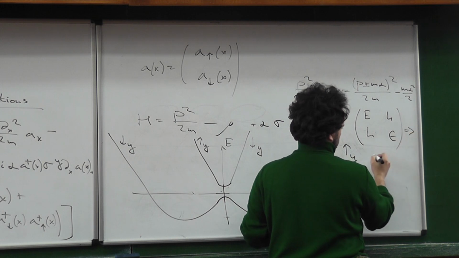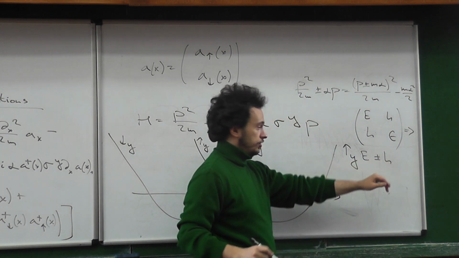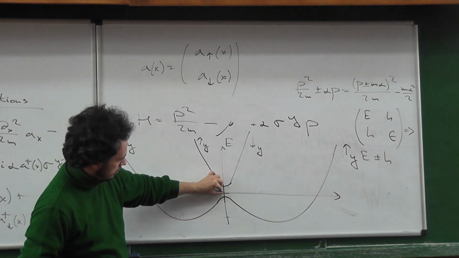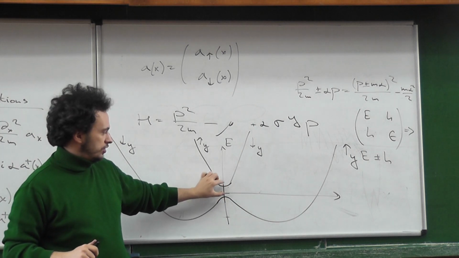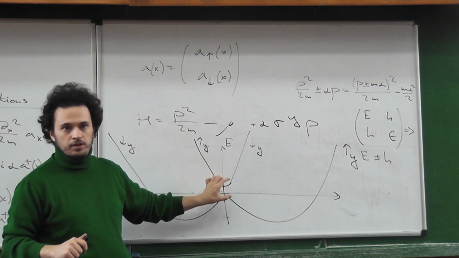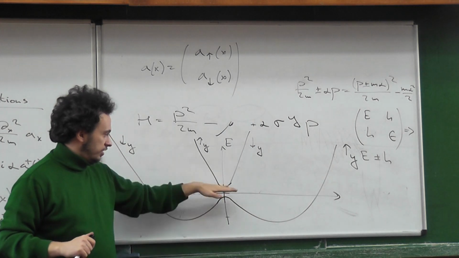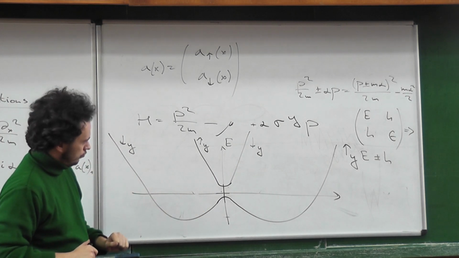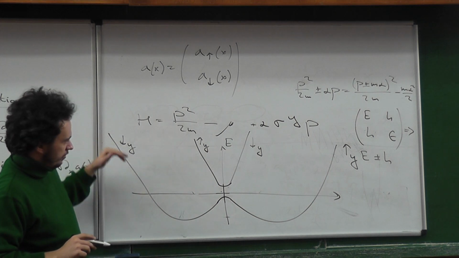Then the two eigenenergies of this will be plus minus the energy they had previously plus minus H. So instead of two degenerate states, I'm going to have one with energy just above and the other with energy just below. So I'm going to have this gap opening here. Like this.